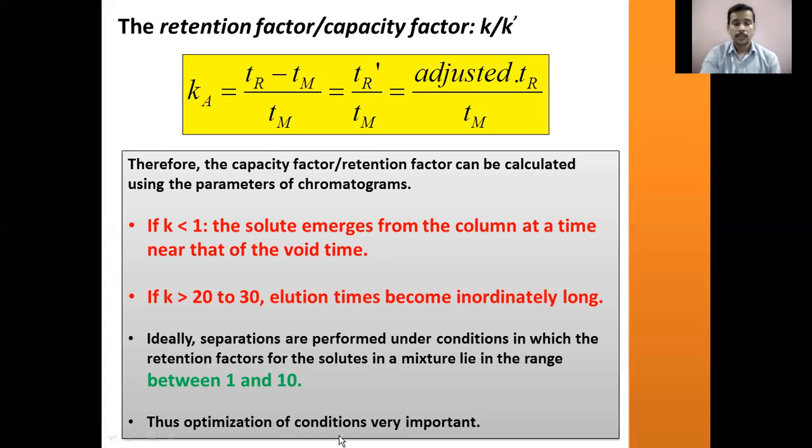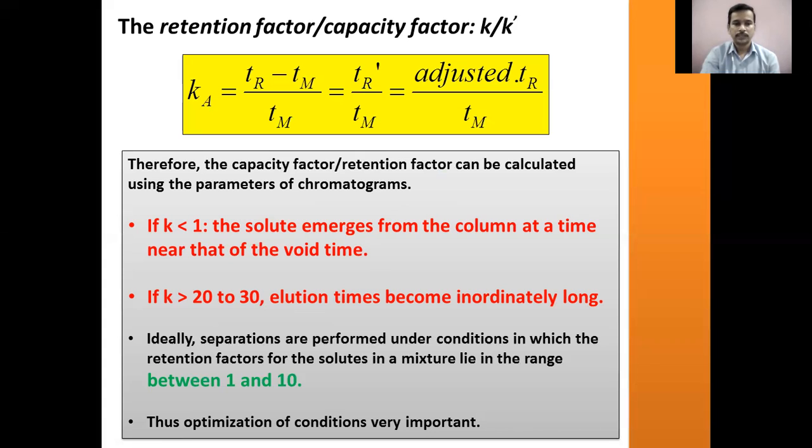So therefore, the optimization of the chromatographic conditions is very important in order to get the capacity factor value between 1 and 10. So we should not ignore it if the capacity factor is less than 1 or greater than 20 to 30, because if the capacity factor value is less than 1, the solute is going to be rapidly eluted, and we will not be in a position to obtain the solute characteristics from the chromatogram, and either identification or quantification of the solute by means of that chromatogram will be impossible.